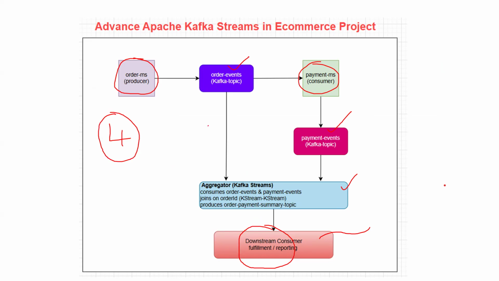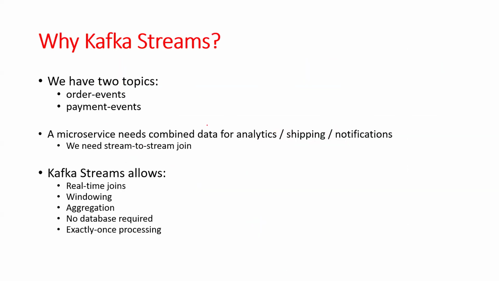Complete architectural flow here. Okay, next. We already discussed this slide, order events and payment events. Once we combine, you can use it for analytics purpose, shipping purpose, or notification purpose here.